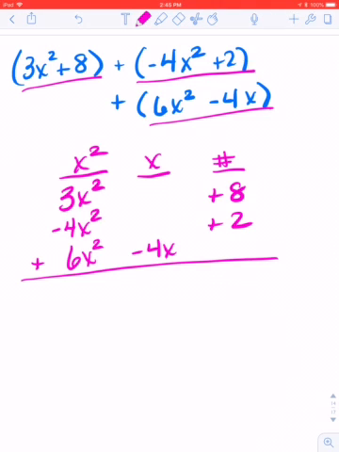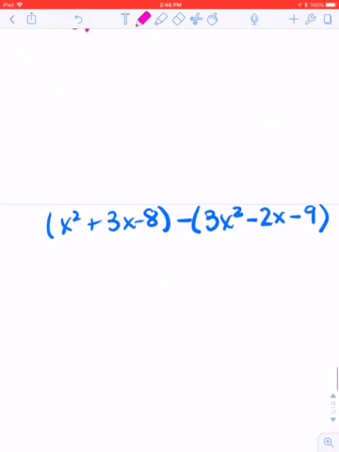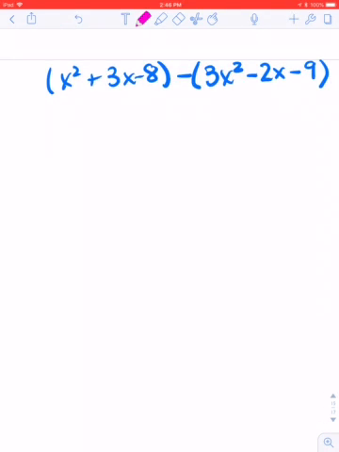If I total this column, I have positive 3 plus negative 4 plus 6. So I'm left with 5x squared. Minus 4x is just going to come down because there's nothing else there. And then plus 10. You have lots of examples to look over for adding, so be sure to look over those. And let's take a look at some of the subtracting.